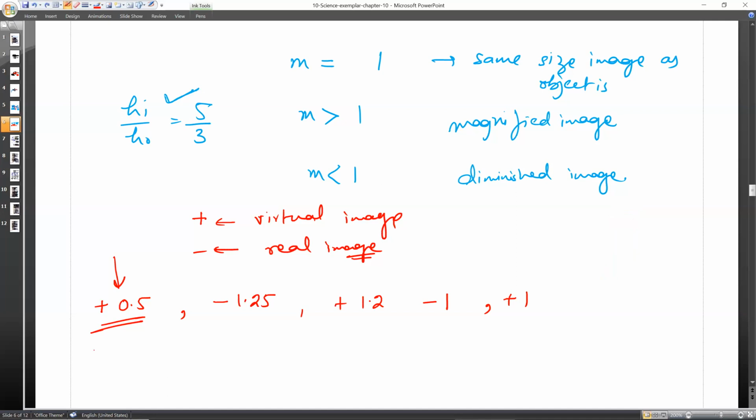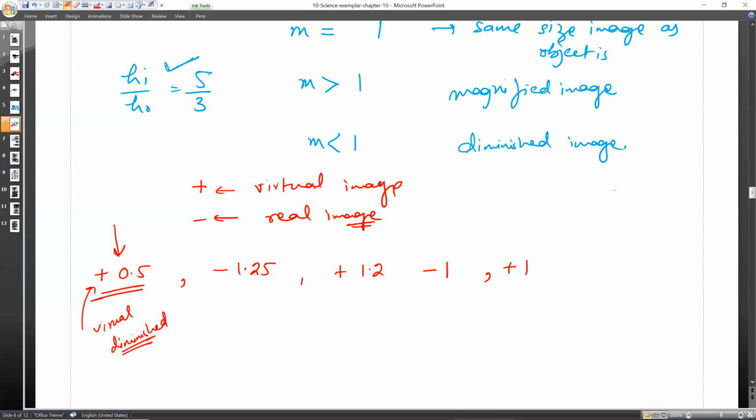Okay, so you have to look at this: this is positive. Positive means virtual. Less than 1 means diminished. And a virtual diminished image is only formed by this type of mirror, the convex mirror.